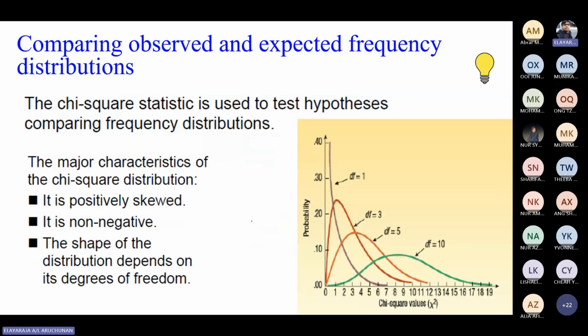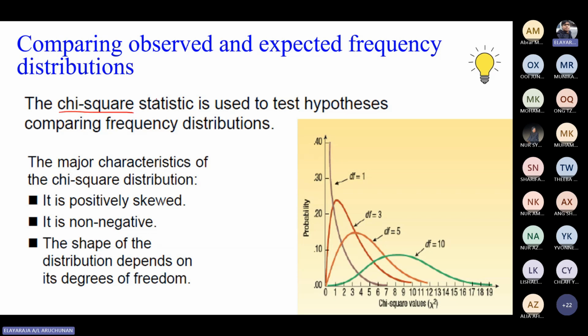Moving on. We usually use the chi-square statistic to test hypotheses comparing frequency distributions. When it comes to comparing observed and expected frequencies, it is very common to use the chi-square statistic.